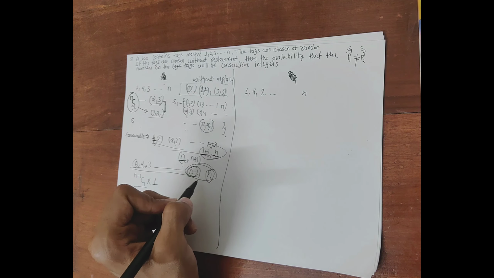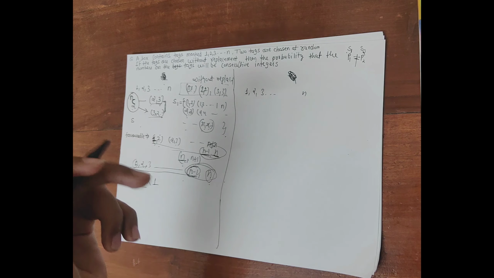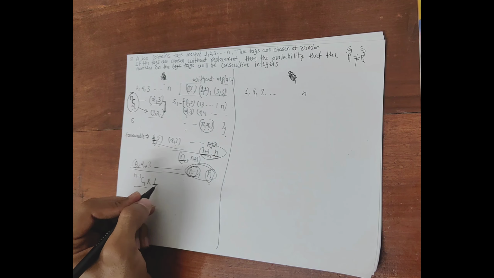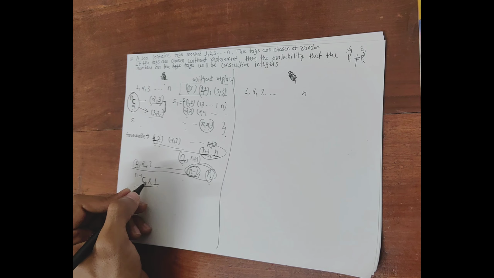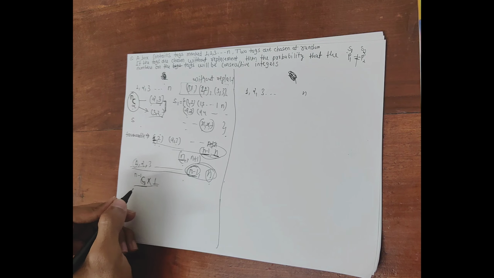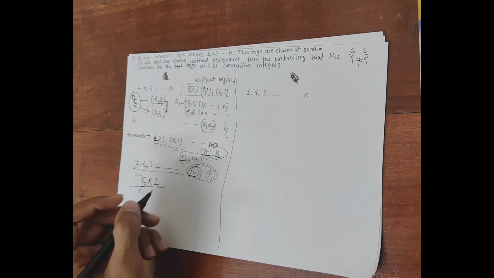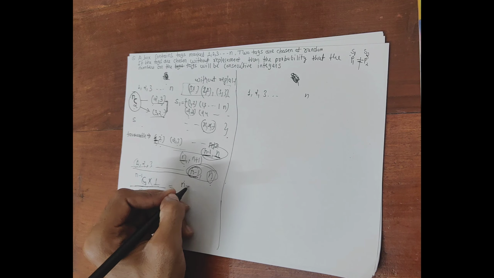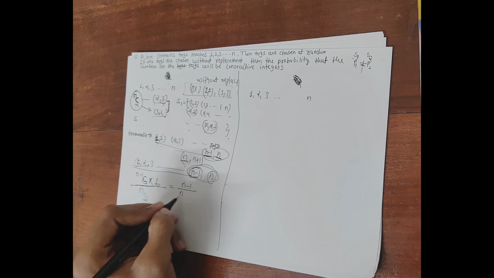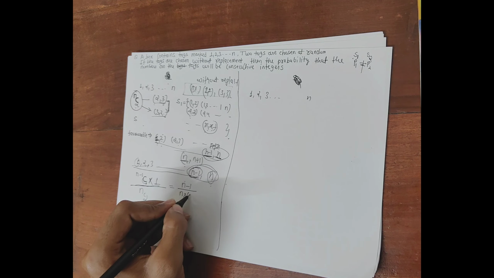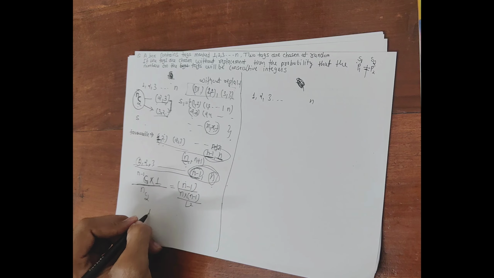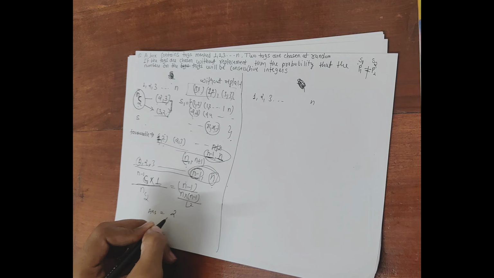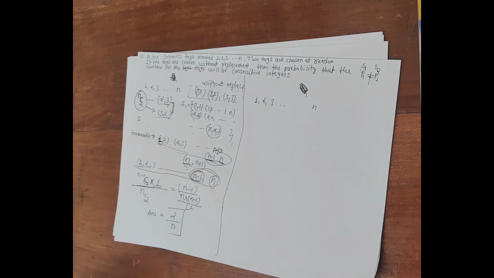But I can't select n because we don't have a number n+1. So the number of favorable cases is n-1 C1 times 1, divided by nC2.